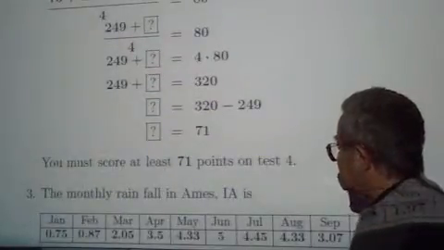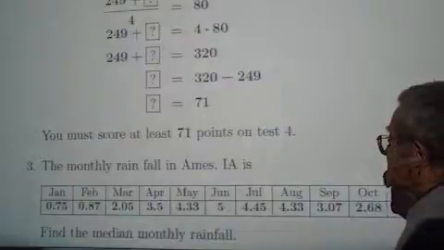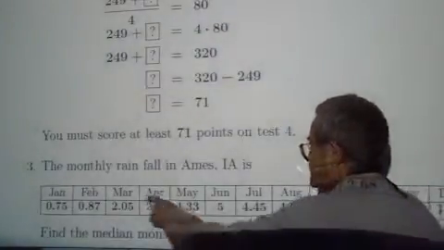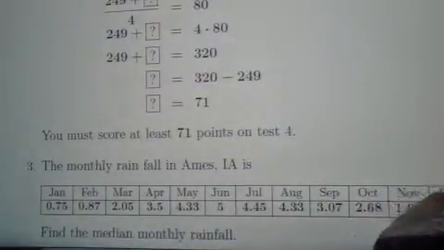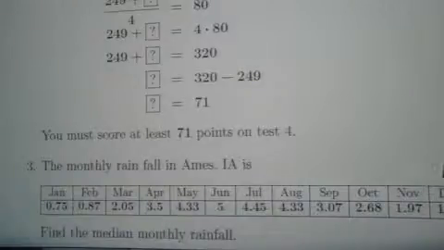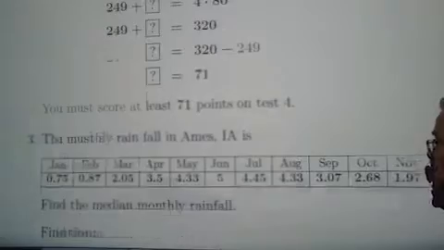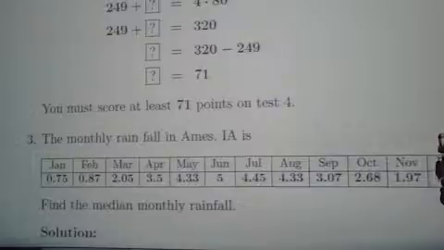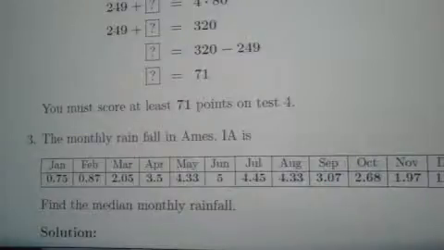The monthly rainfall in Ames, Iowa is given for January, February, and so on through December. You want to make a quick box and take those numbers down. So January, February, March, April, May, June, July, August, September, October, November, December.